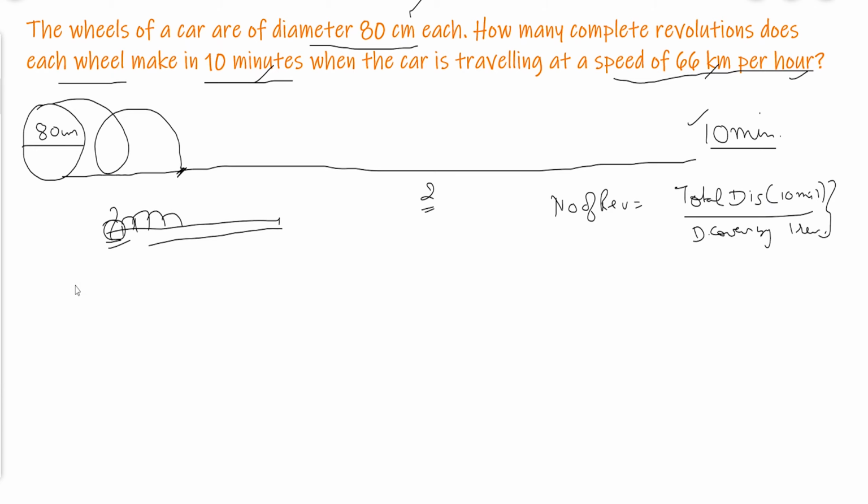So what is given to us right now? Here we are given the speed of the car. Speed of car is given to us as 66 kilometers per hour.